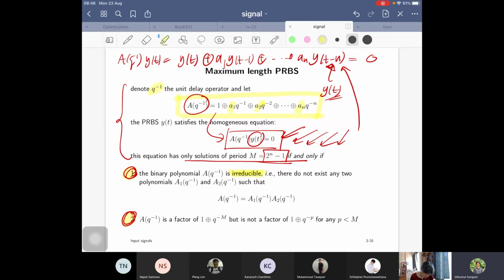Irreducible means it cannot be further factorized into a product of any two polynomials. The second condition is that your polynomial is a factor of 1 plus q to the minus m, but not a factor of 1 plus q to the minus p, where p is less than m.